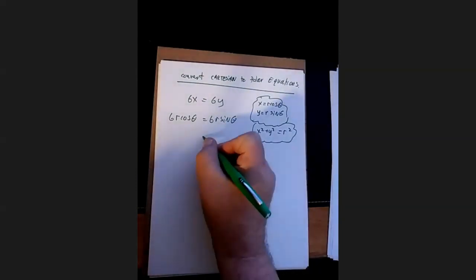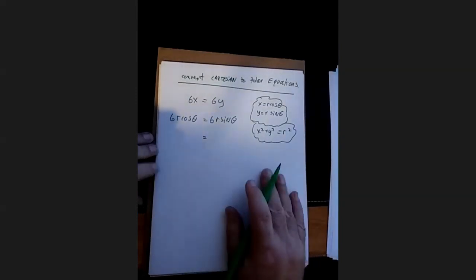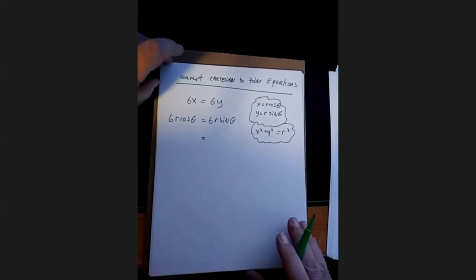Do you think I'm going to leave it like that, or do you think I'm going to try and make it look pretty? Yeah, going to try and make it look pretty. Simplify is the proper term, but I think of pretty and ugly, right? So what are we going to do here to make this simpler? Is our goal here to get r or theta by itself?